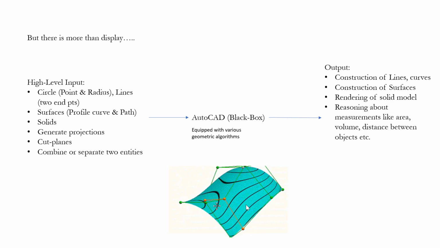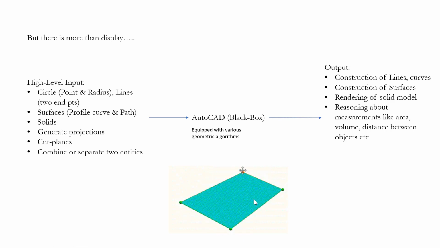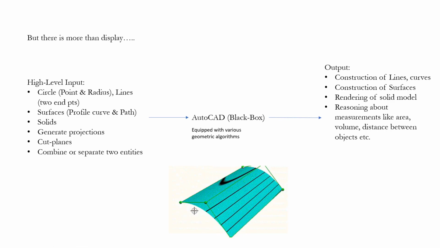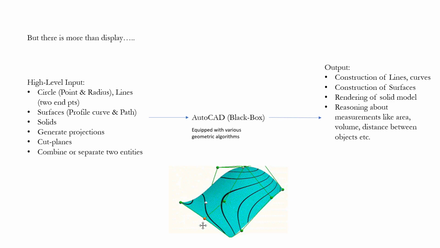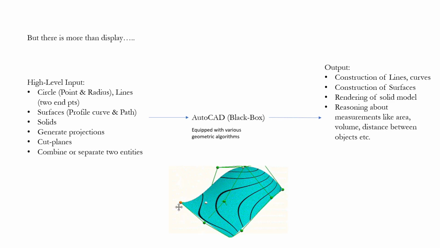You're doing some kind of skirting with these AutoCAD tools. Also you observe there is a frequent dialogue between you and AutoCAD, right? And that's the way to see these softwares.